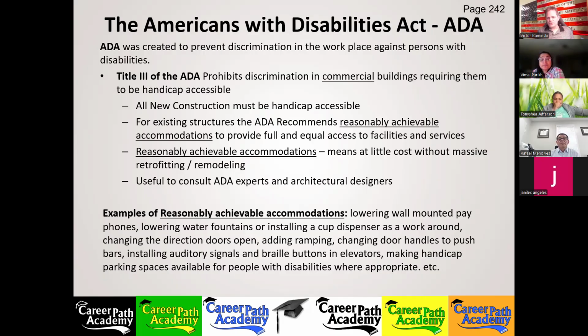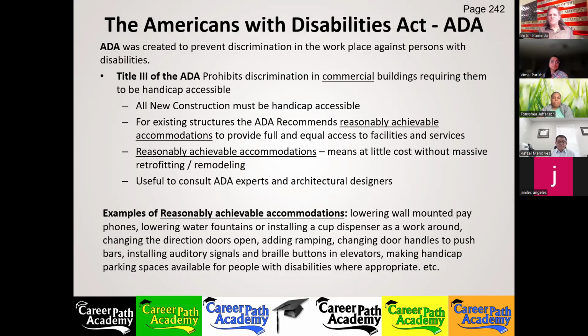So any new construction needs to be handicap accessible in its design. It's easier to make a new building handicap accessible than to modify an old existing one. So for existing structures, the ADA recommends reasonably achievable accommodations to provide full and equal access to the facilities and services.